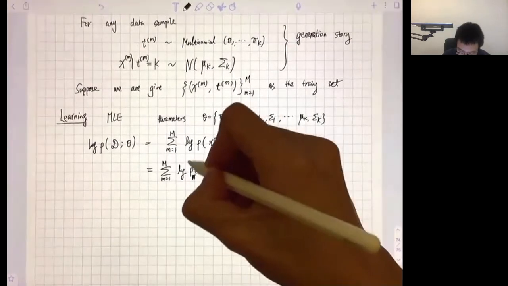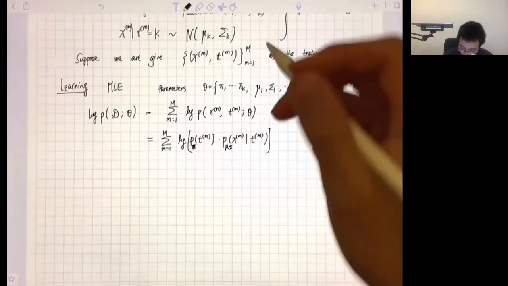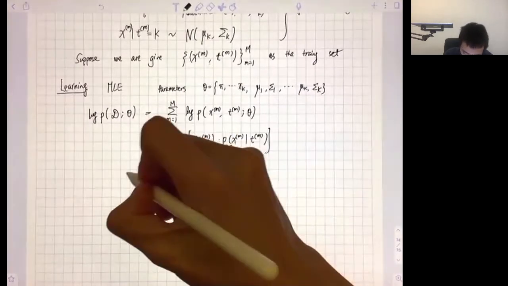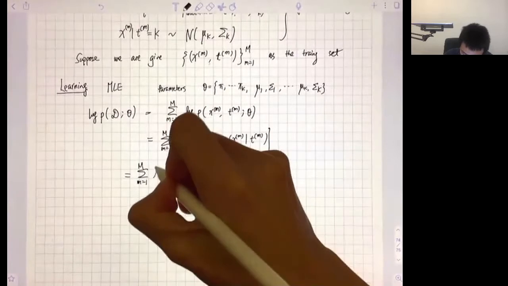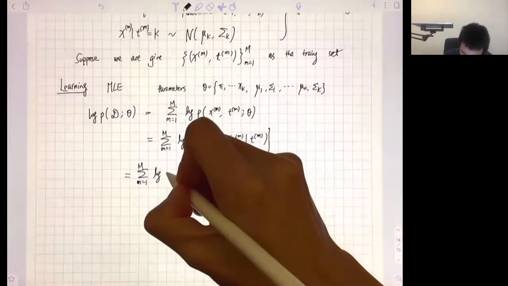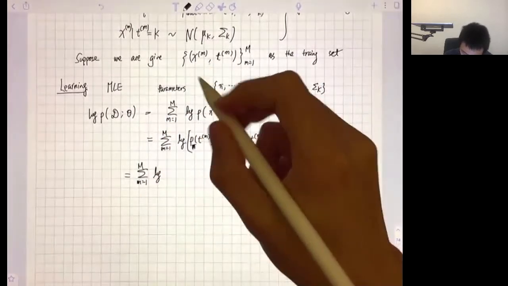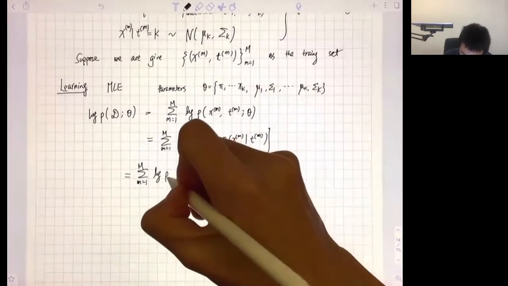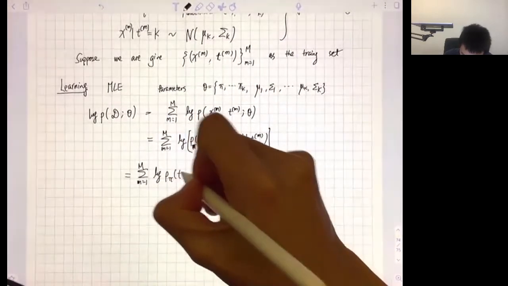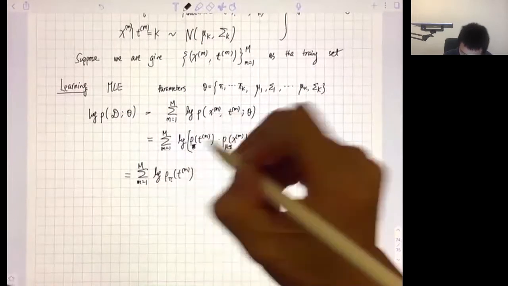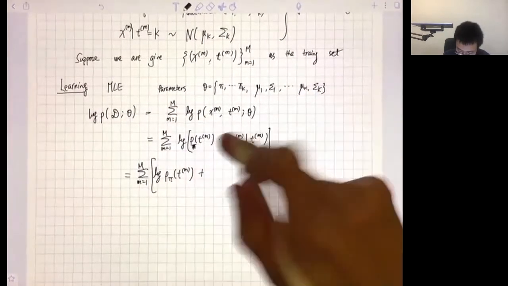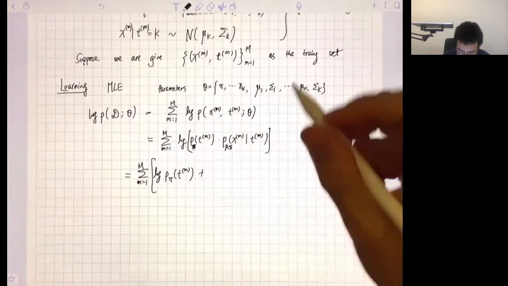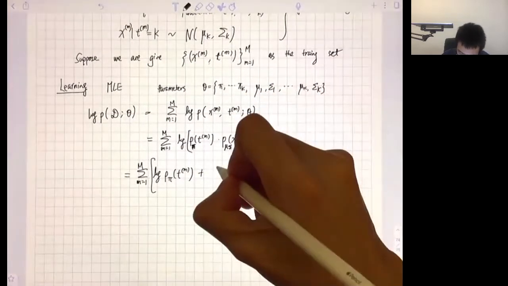And the log comes here. So I can factorize this as a sum, plus, okay, because it's a log of a product of samples, then I can say it's a plus.